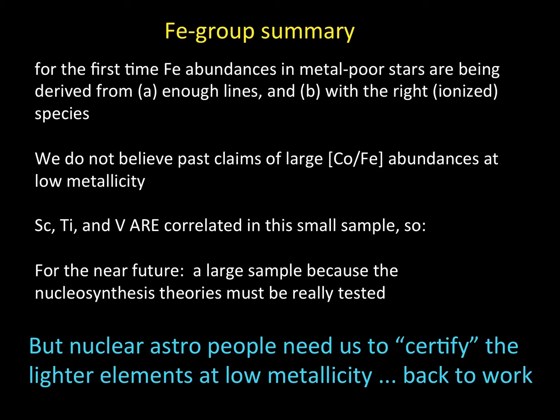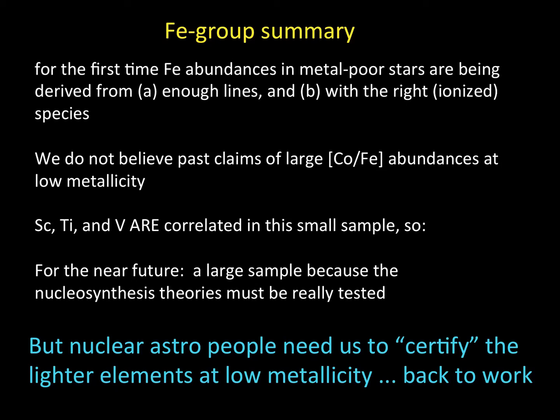And the embarrassing thing is, I think that may not be what is real. And it's not the folks who do interiors of stars. It's the spectroscopist's fault. And we've got to keep working. As I say below, nuclear astro people need us to certify the light elements and the heavy elements. So we've got to keep working our end of the bargain.